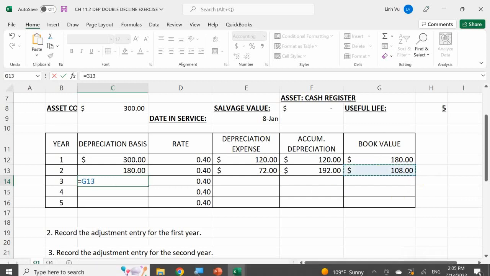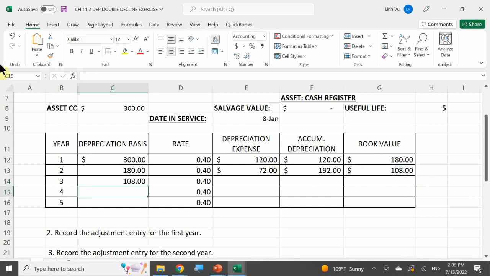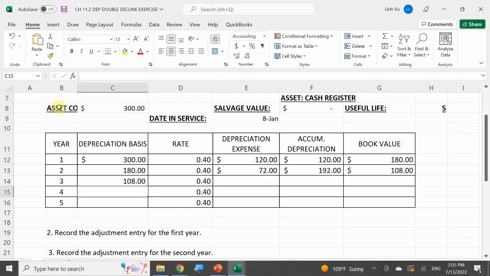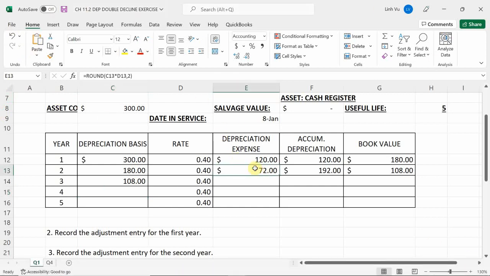Move the 108 down because that's the basis. So depreciation expense would be 4320. Okay.